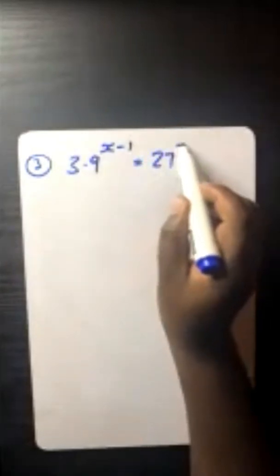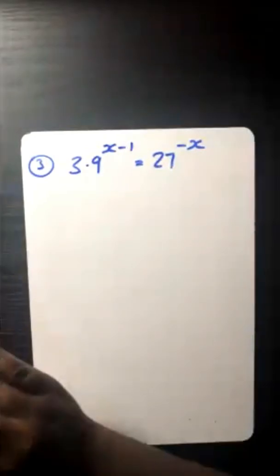Number 3, I'm also going to guide you in terms of how you solve that type of problem. It's a bit different from what we've just done. We've got 3 multiplied by 9 to the exponent x minus 1, which is equal to 27 to the exponent negative x. Remember, Shreyas, it's always the same approach.